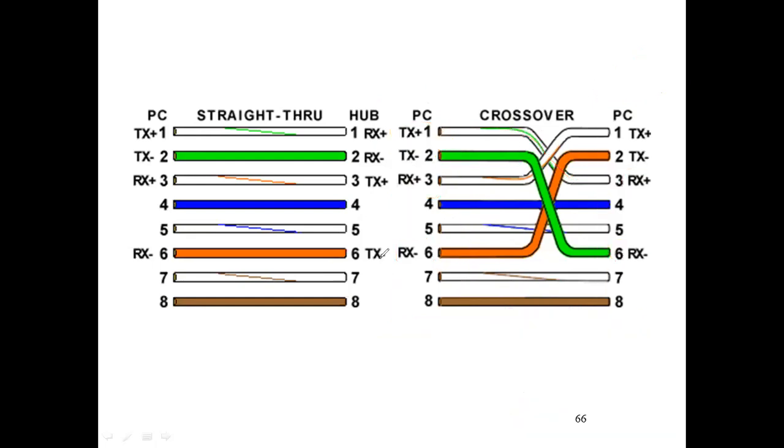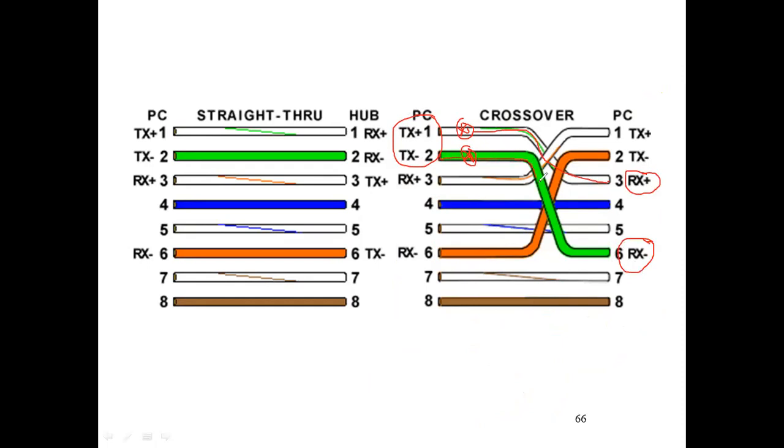Okay. So over here you can see this is the pair of TX, that is with the help of green-white and green. So we are trying to use this green-white and green, that is TX positive and TX negative, which we will insert to the RX positive and RX negative.